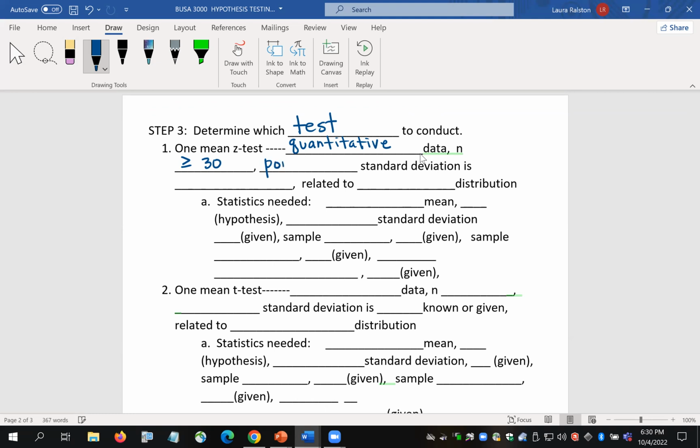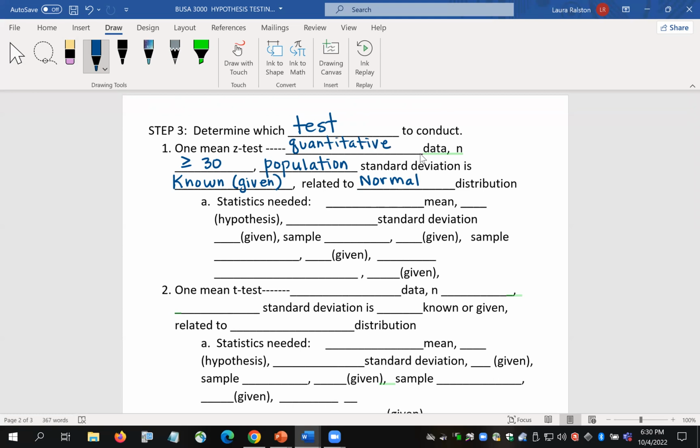The population standard deviation is known or given, and the one mean z-test is related to the normal distribution that we talked about earlier in Module 2.